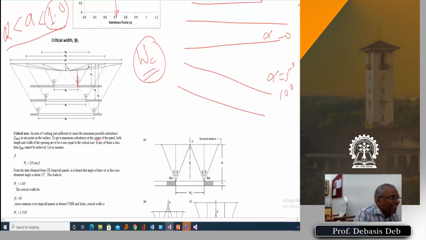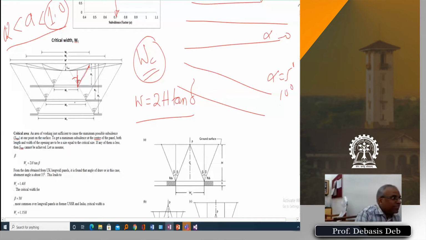Now in a critical case, this is the angle of draw. Our angle of major influence will be the same, and this is also delta. So what we can see, the W is 2 times H tan delta.